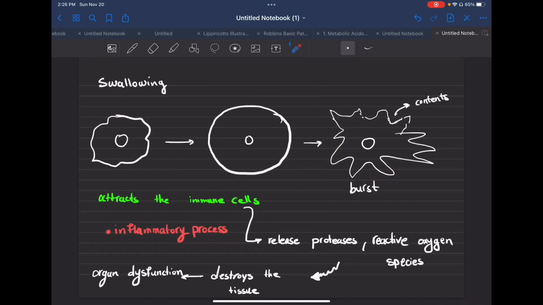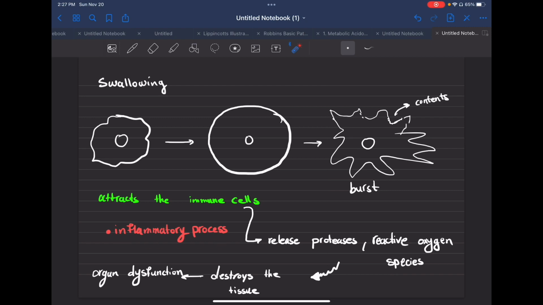The cell keeps swelling, and at the end, it just bursts, and the contents inside the cell go out into the environment, so between the cells. That attracts the immune cells, and the immune cells go there and start the inflammatory process. The immune cells release proteases, which are enzymes that cleave proteins, and some reactive oxygen species for the inflammatory process.